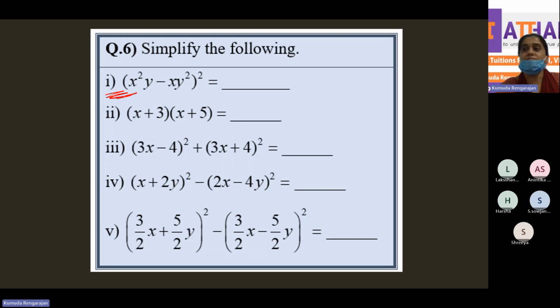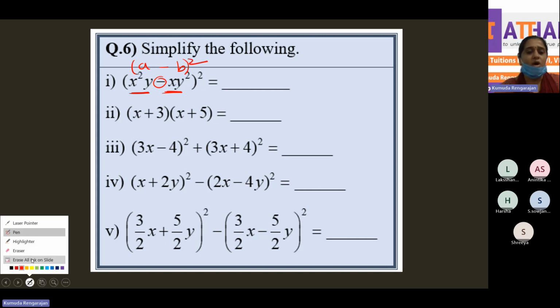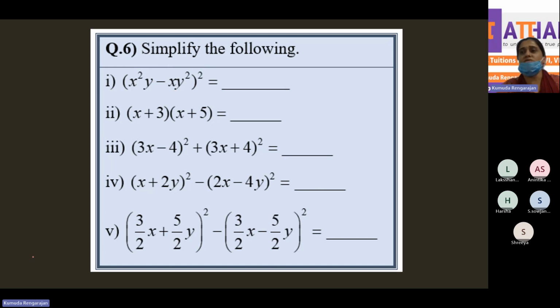How will you do this one? There are 2 terms in the bracket. So you can look at this one as A and this one as B, correct? Inside the bracket, there are 2 terms, separated by a minus sign. So it's like A minus B, and then they're in a bracket and it's squared.